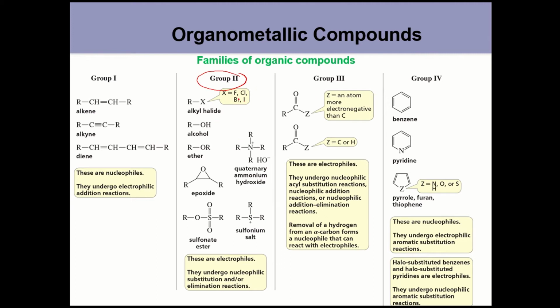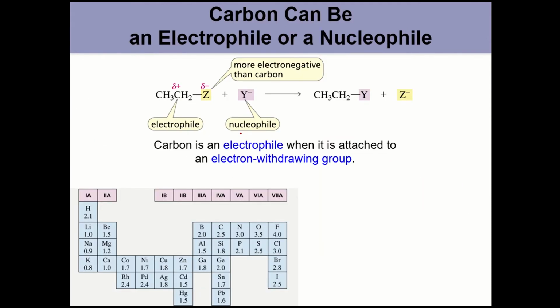In general, all these groups attached to the carbon chain are nonmetals, and all of them are more electronegative than carbon. If you check the electronegativity of carbon and compare oxygen, nitrogen, all the halogens, and sulfur, these nonmetals are mostly more electronegative than carbon.